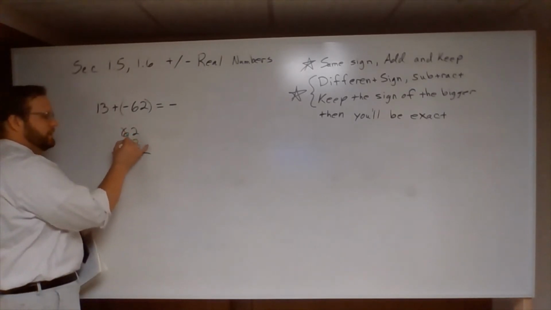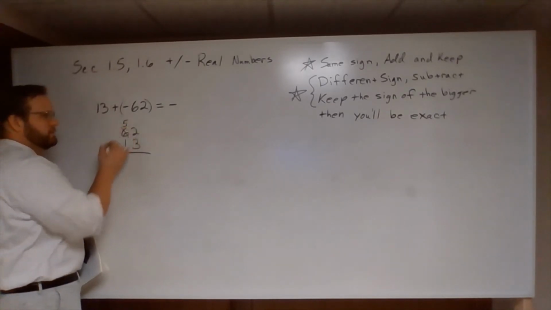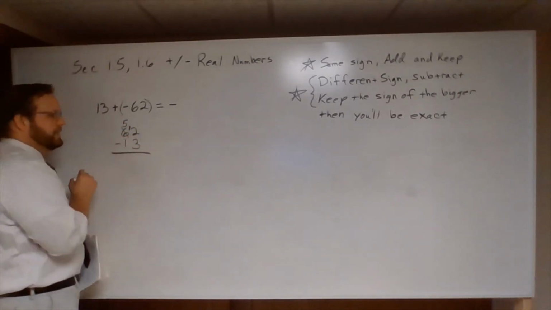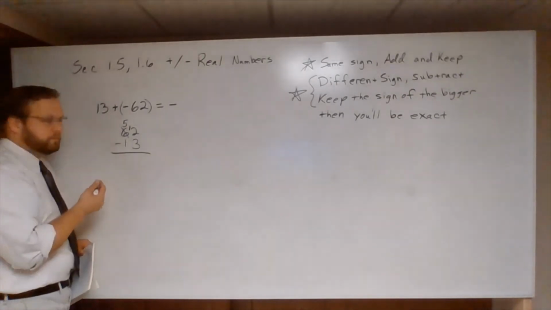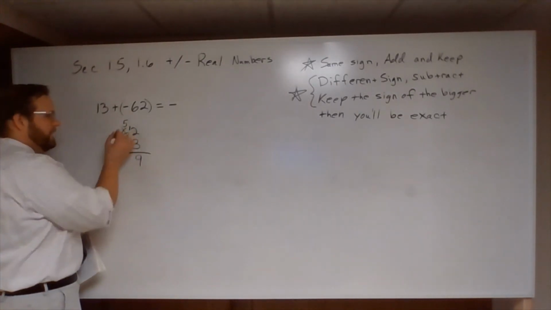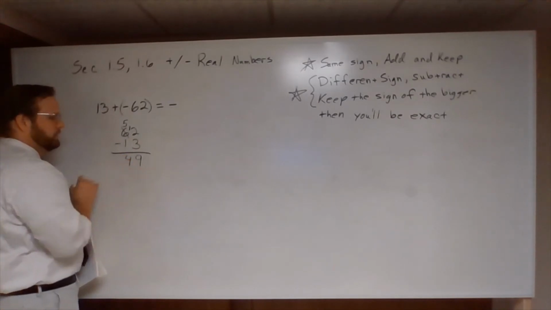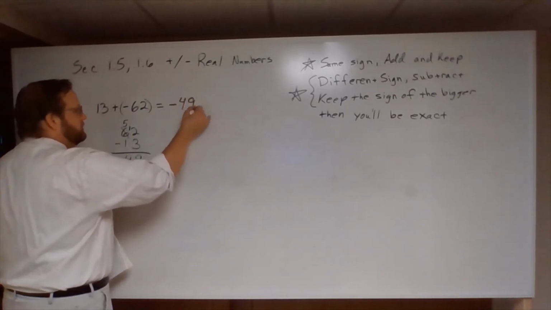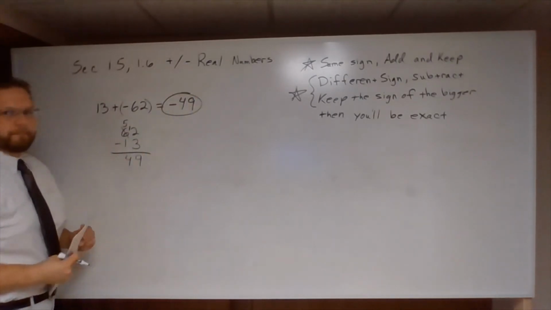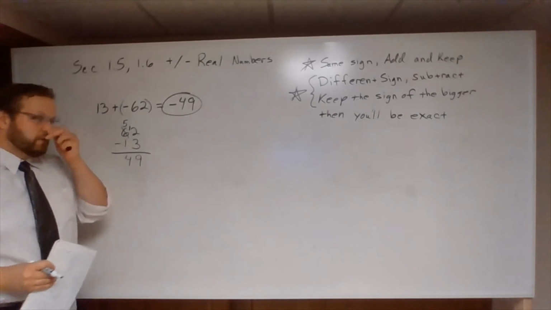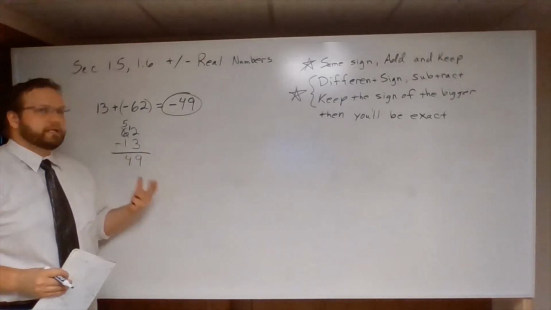I'm going to take 10 out of this to make it now a 5 or a 50, but then I attach that 10 onto the 2 to make it a 12. So 12 minus 3 is 9. 5 minus 1 is 4. I already determined that answer should be negative. And there we go.